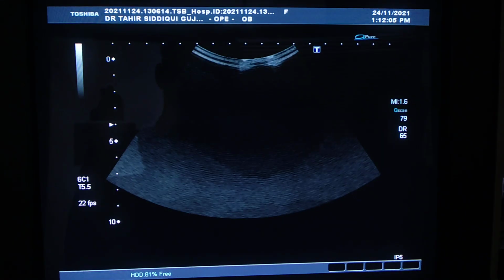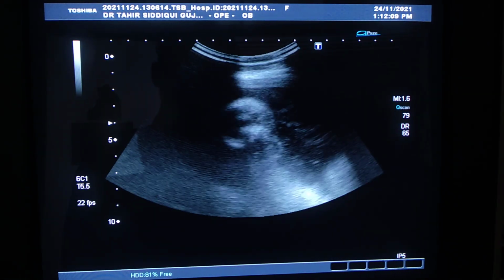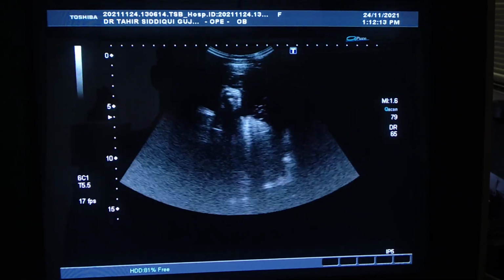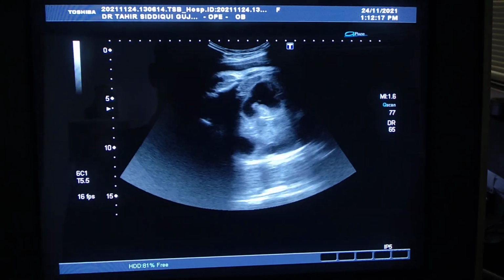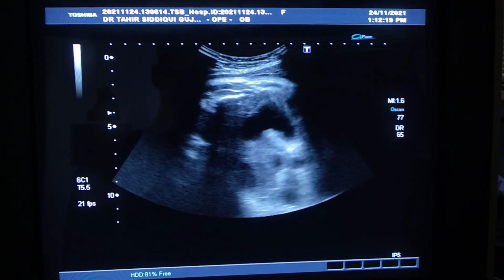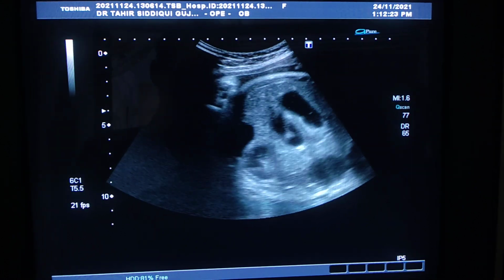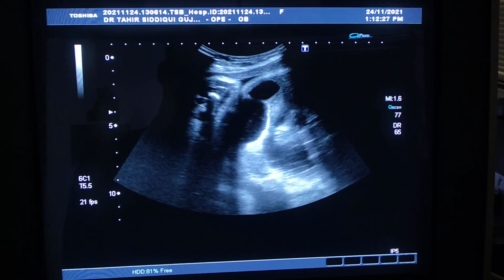In case of colonic pathologies or pathology at the lower end of the intestine, we do not see these cystic areas or the bowels distended up to the upper abdomen, starting from the lower abdomen.